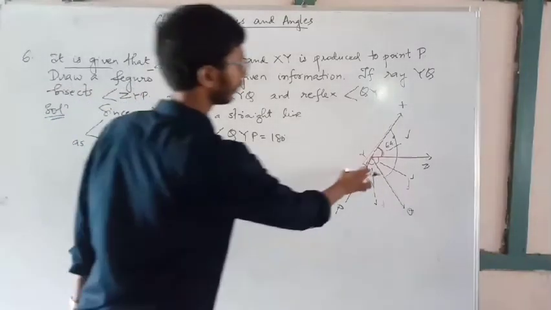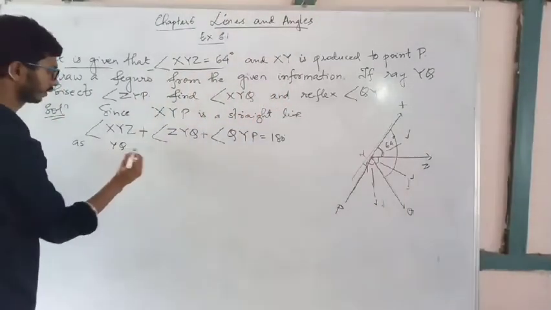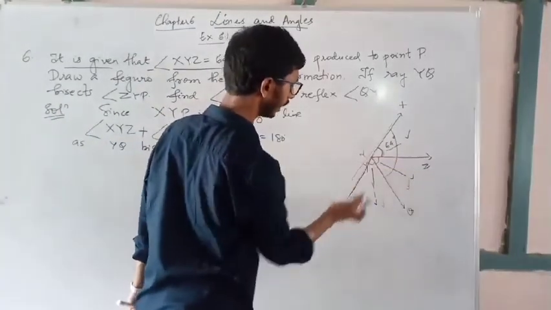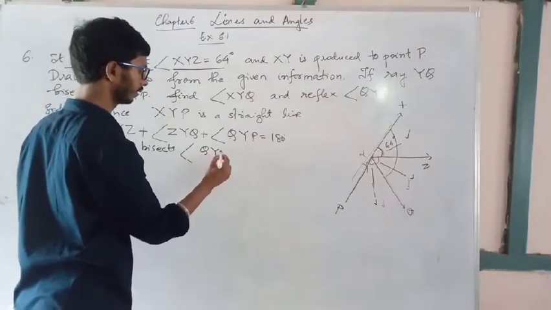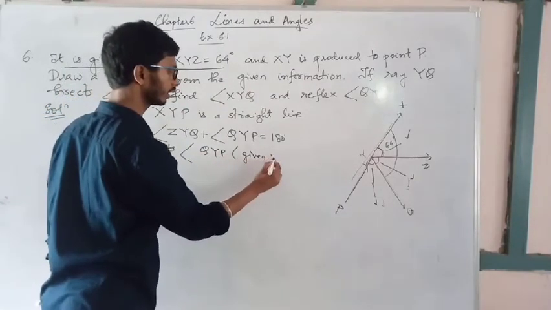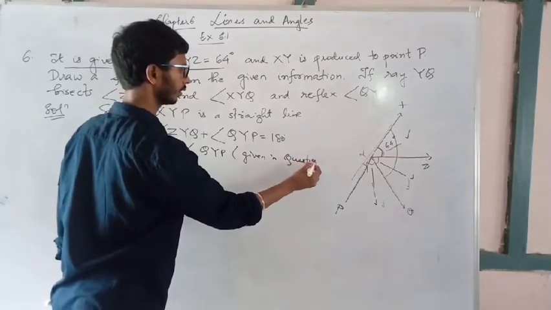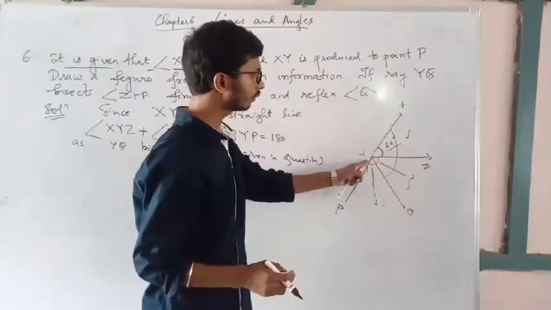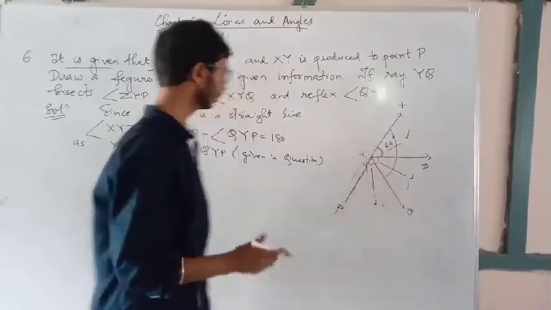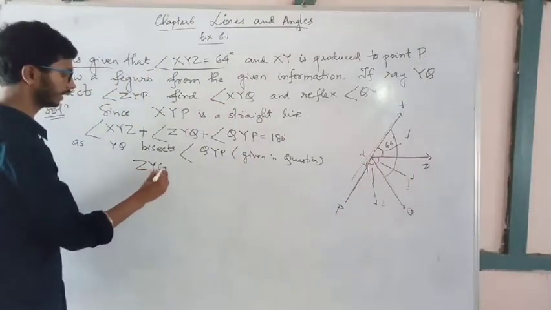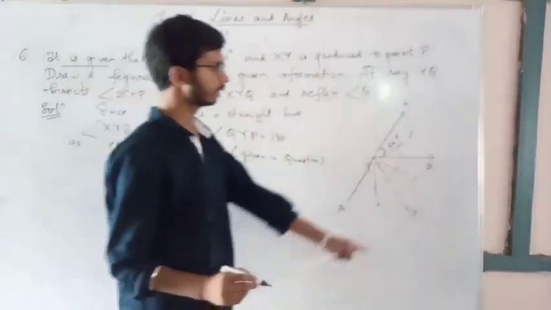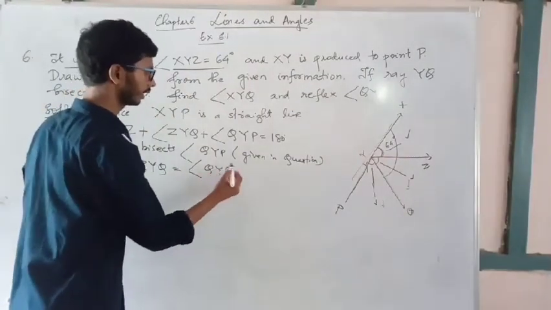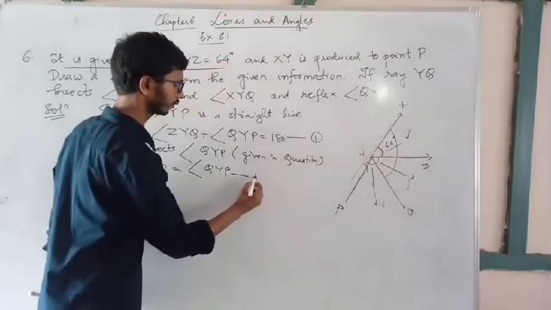As YQ bisects angle ZYP, given in question, so these two angles are also equal, that means angle ZYQ is equal to angle QYP. Let us take this as equation number 2, and the earlier one as equation number 1. Okay.